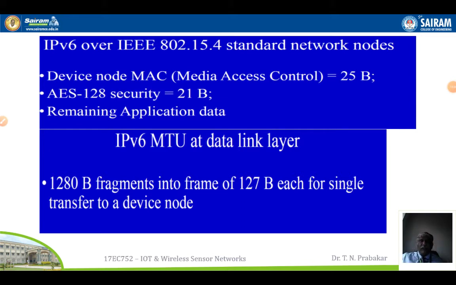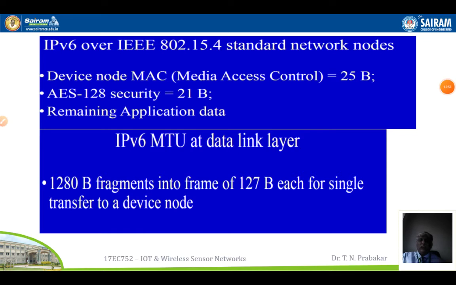Because in the case of a dynamic IP address, we have seen the IP address will be continuously varying, but each and every system will have a unique MAC address, right? So the device node can be identified by the MAC address, which is equivalent to 25 bytes, the size of it. And what type of security is used? There is AES, that is called the Advanced Encryption Standard, and that is the security algorithm.